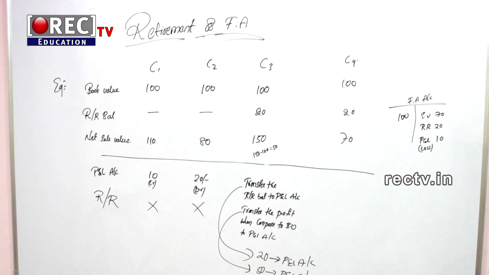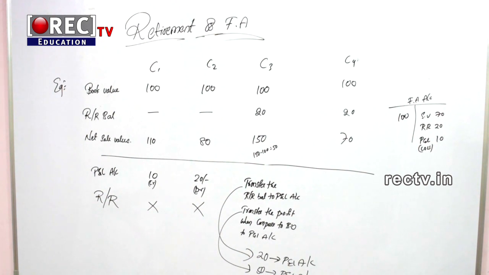So here 10 rupees should be taken to the P&L account credit side because it is a profit to the entity. When we come to case 2, book value is 100, revaluation reserve balance is nil, and the net sale value is 80, then 20 should be taken to the P&L account debit side because it is a loss to the entity.